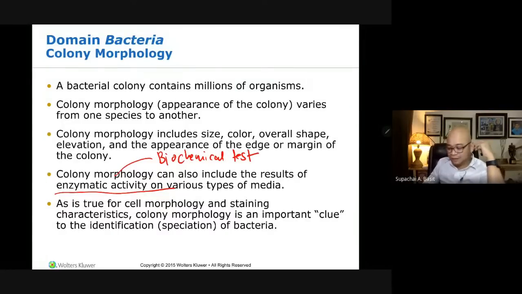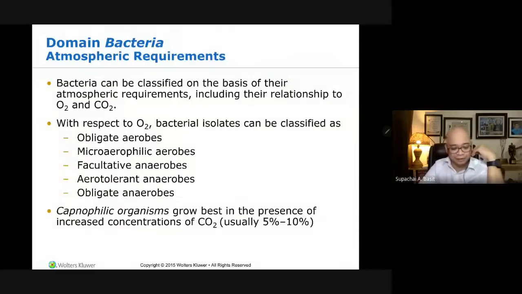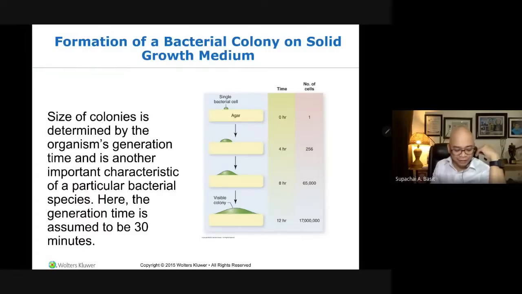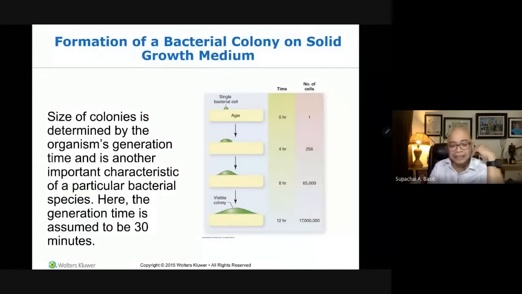The size of the colonies is determined by the organism's generation time, and is another important characteristic of a bacterial species. Here the generation time is assumed to be 30 minutes. What does it mean?